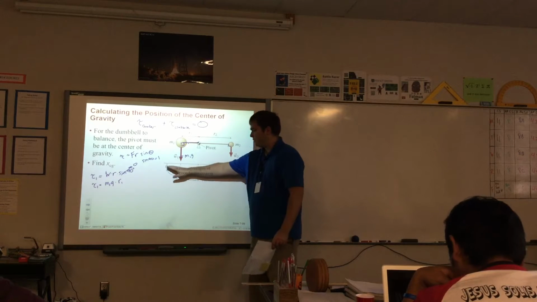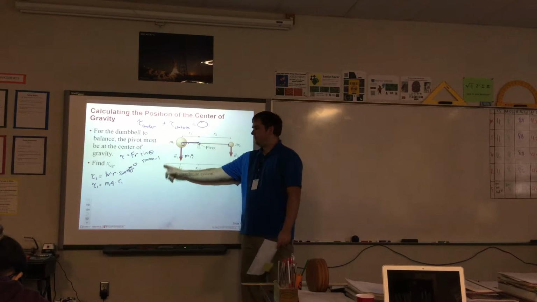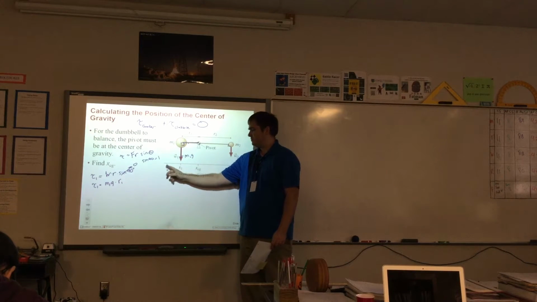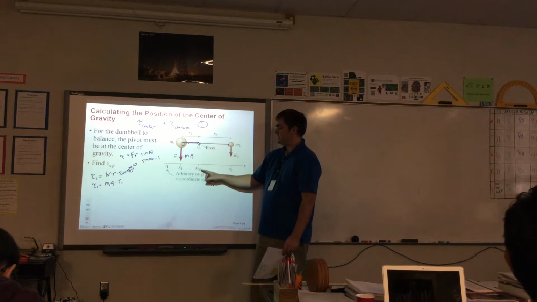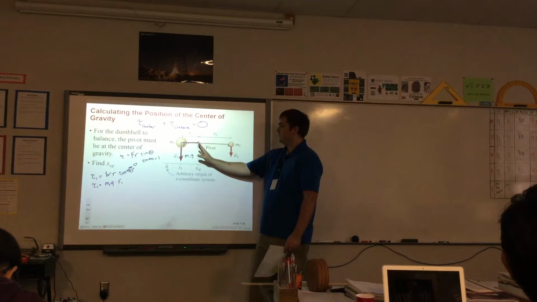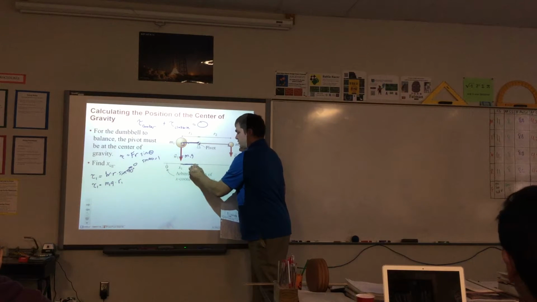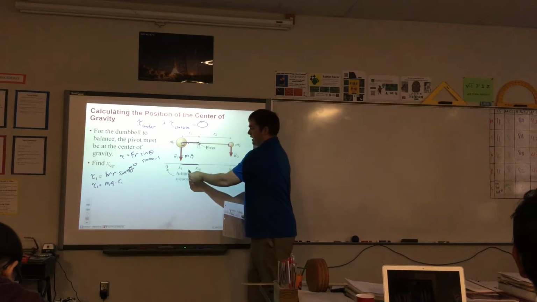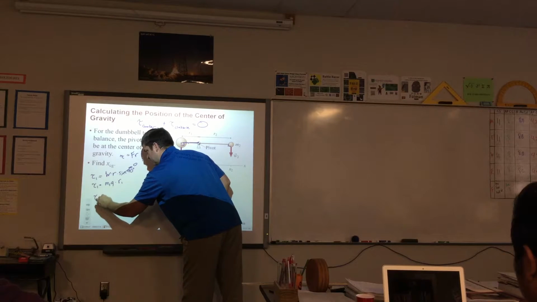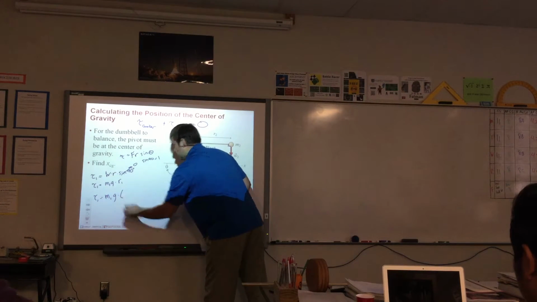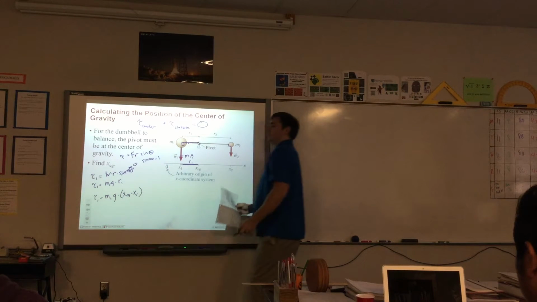If we want to be more specific, we'll put a number line on this. Someplace over here is position 0, the origin. X1 is where this item is located, and XCG is the location of the center of gravity where we could put the pivot to make everything fully balanced. So this distance is the difference between XCG and X1. That's R1. So torque 1 is mass 1 times gravity times XCG minus X1.